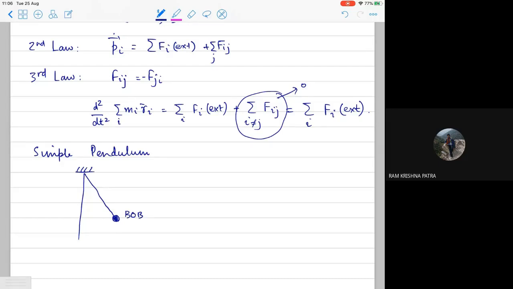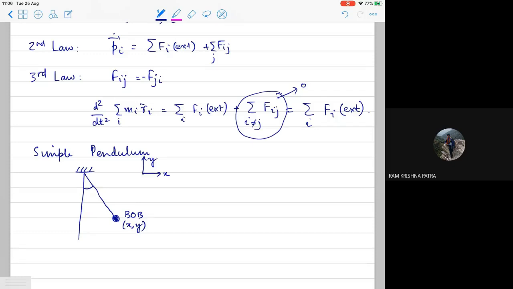I'll assume an xy Cartesian coordinate system, and the center of mass of the bob has coordinates x, y. I'll come to the theta later. Let's forget it for the time being.